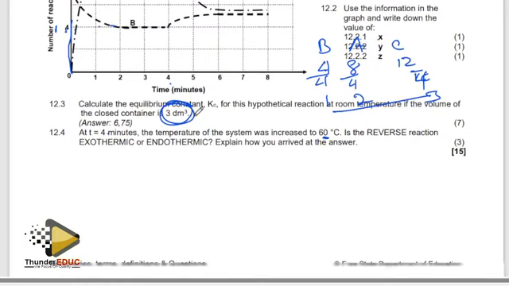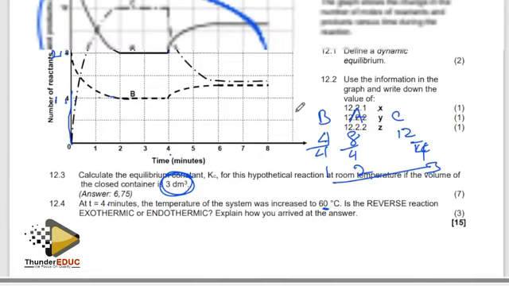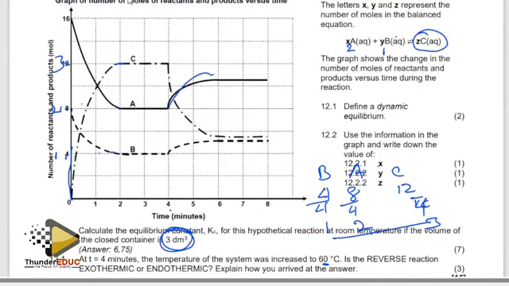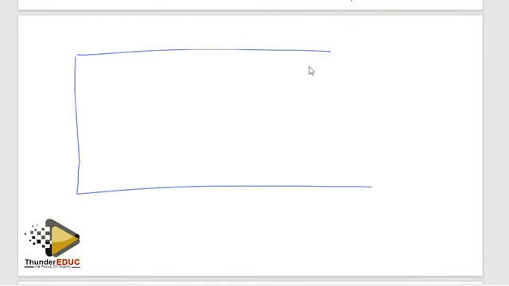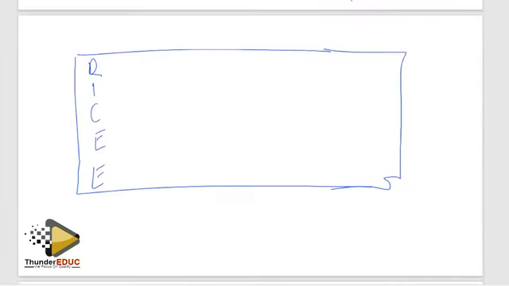Then from there, they're saying to calculate the Kc at room temperature when the volume is this. Now this one is simple. Why? Use still the RICE method, whereby elements here you look at X, Y, and Z. It's A, B, and C. So this is basically the product.